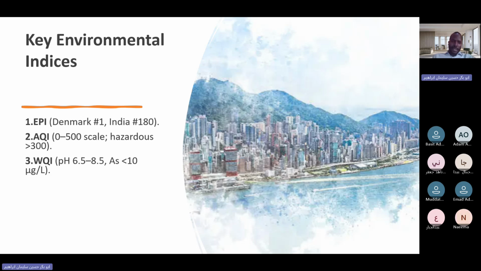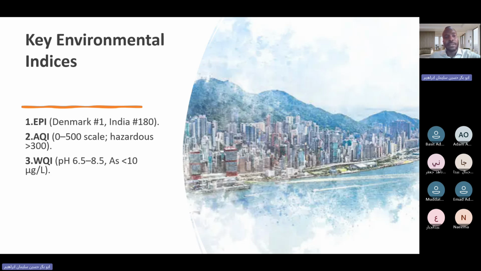The key environmental indices. As I mentioned, it is a compound of the indicators, put together as a measure at the same time. The EPI has many indicators here, including different types of vaccination.